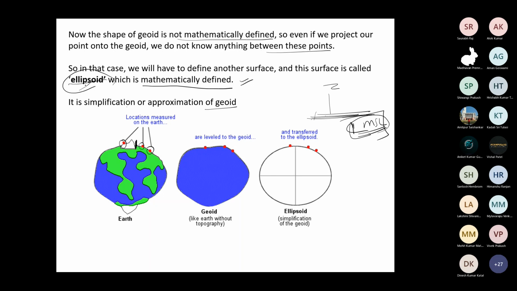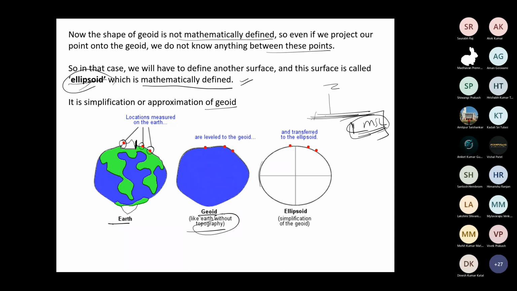So what is the benefit of this ellipsoid? Can you tell me? It simplifies calculations. Yes, be loud. If I know the ellipsoid, I approximate the Earth with the geoid, without topography.